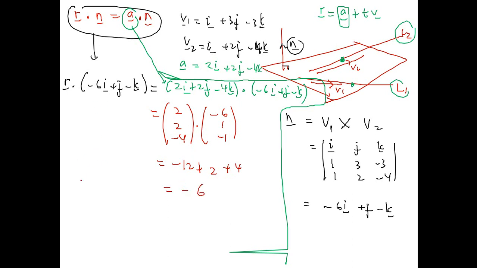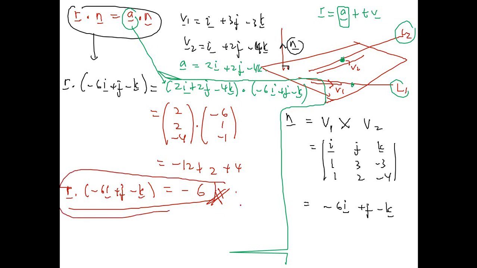So you can say that R dot negative 6I plus J minus K is equal to negative 6. This is the vector equation of a plane. That's it, you can leave the answer in this form. Okay, settle for example 3.